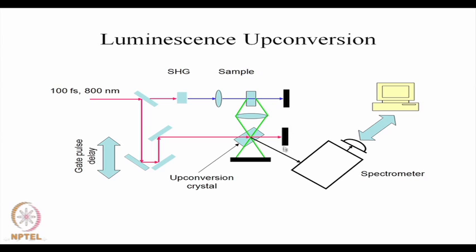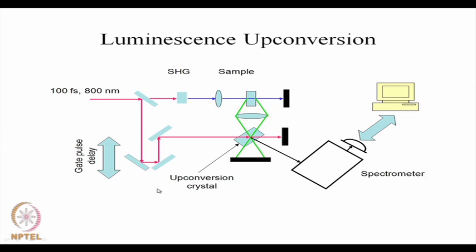Okay. So, these two are the dumps, that is, excess light will be dumped, and at a specific angle this is collected. At a specific angle, your upconverted light is collected by a spectrometer, and then the detector signal is fed into a digitizing system, maybe a PC.